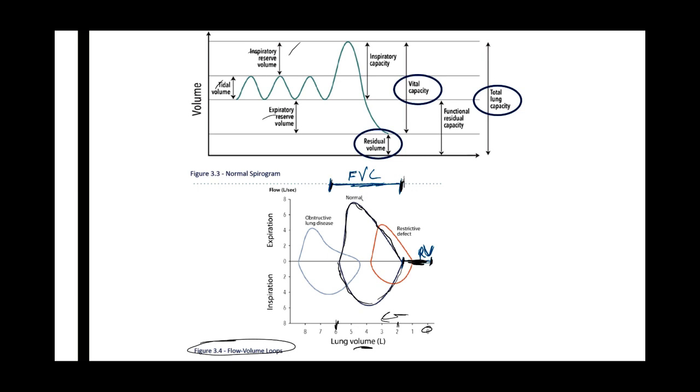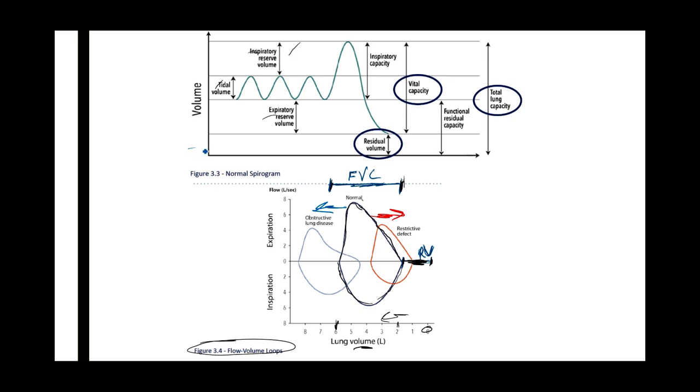So one thing you have to memorize is that obstructive diseases move the flow volume loop to the left, and restrictive diseases move it to the right. Obstructive diseases, I'll tell you this now and revisit it later on.